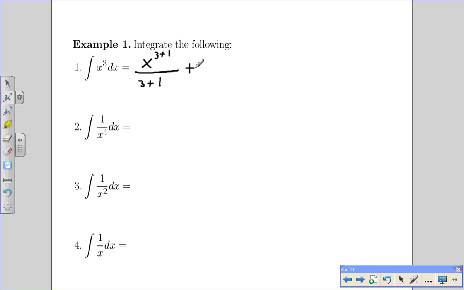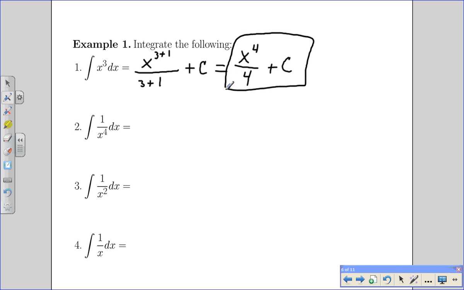And don't forget to add c. Now generally, we only do the 3 plus 1 the very first time, because after that, we can generally recognize that 3 plus 1 is 4, and so here we would just write x to the 4th over 4 plus c.